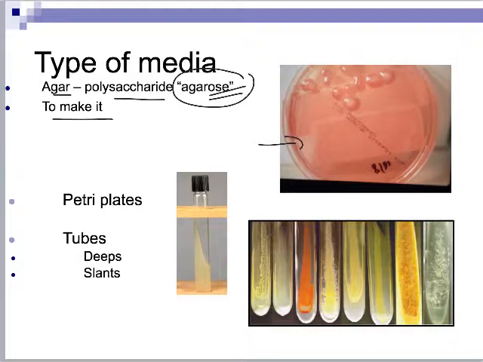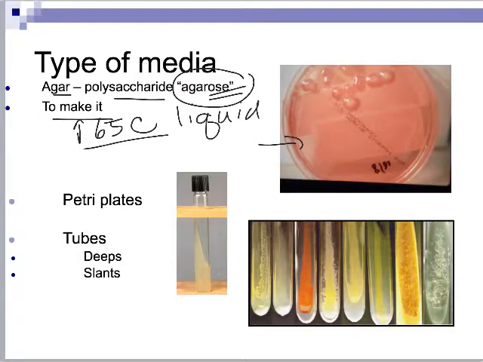Something that makes agar special is that when it's above 65 degrees Celsius, it's liquid, but as it cools to room temperature, it turns solid. So we can put it in an autoclave and heat it up, and it'll be liquid, and we can pour it into whatever format we want.